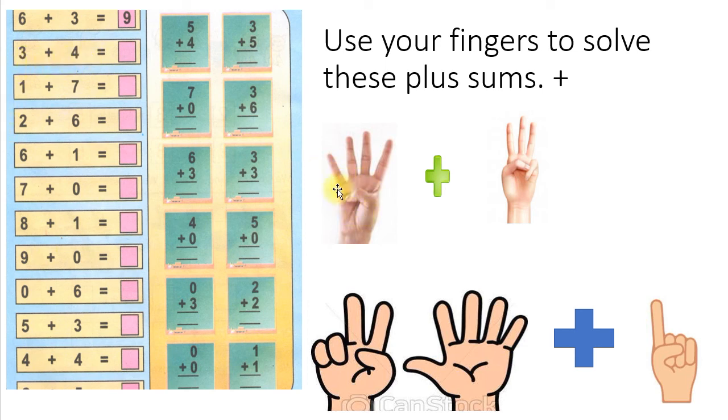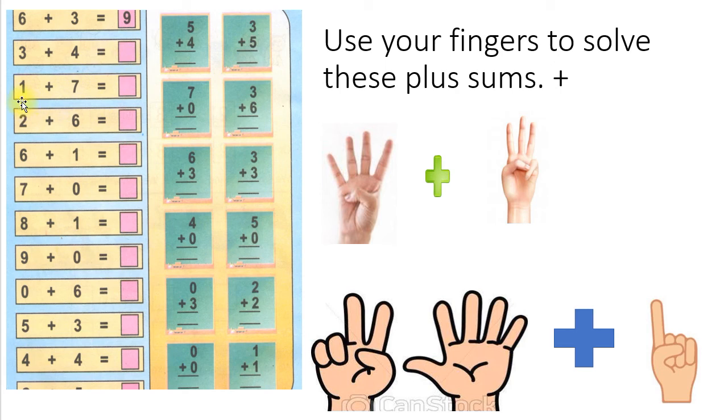Take out your 3 fingers and 4 fingers. These are your 3 fingers. 1, 2, 3. Now how many fingers? 4. 1, 2, 3, 4. Now count them all together. 1, 2, 3, 4, 5, 6, 7. All together you have 7 fingers.